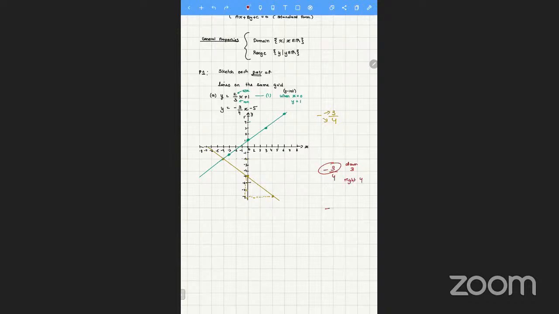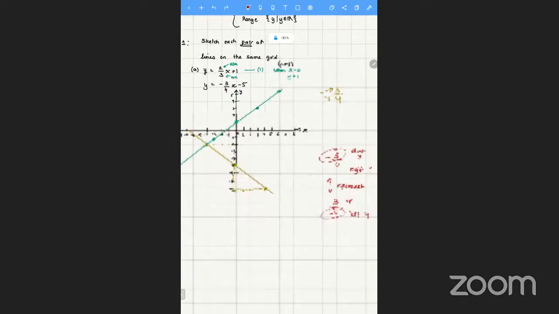But this is equivalent. This is the same. What does this mean? -4 to the... No, what does it mean? Left. Yeah, left 4. And what does the 3 mean? Up. Yeah, this one means up.